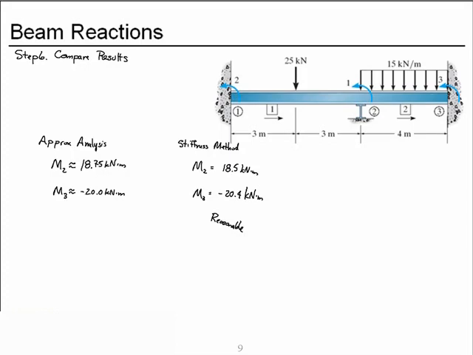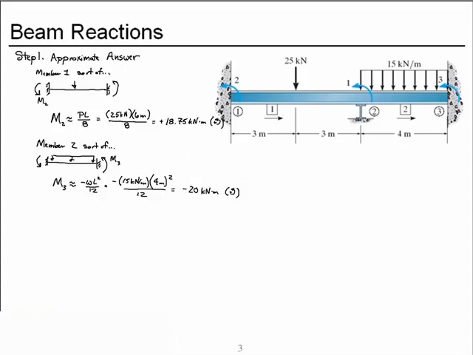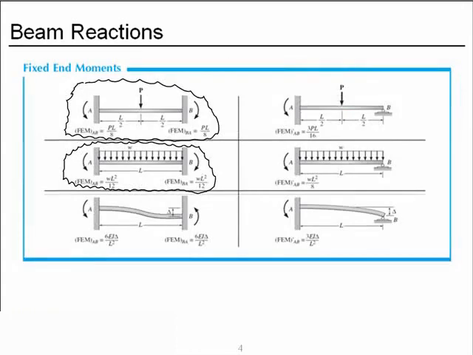So now let's go back and review the process we followed to get here. We started by approximating the answer and looking at this continuous beam with fixed supports on each end and saying that each beam segment, each beam member, is kind of like a fixed beam. And so we used information inside the back cover of our text to approximate the moment reactions.